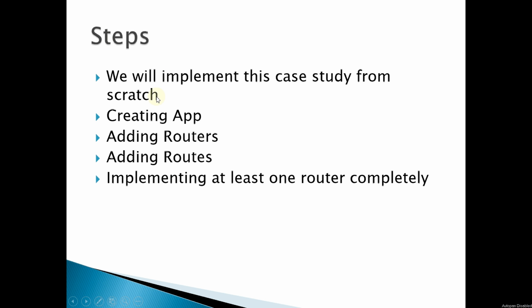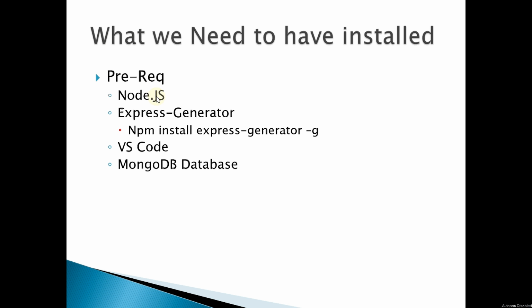First we will create a sample app, we will add the routers, then we will add the different routes which we have defined here, then we will implement completely one router including all its routes. What we need to have: we should have installed node.js, and we should have installed express generator.